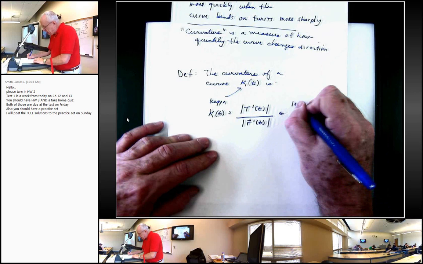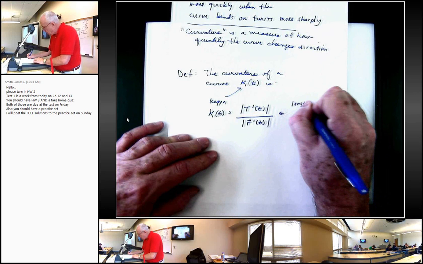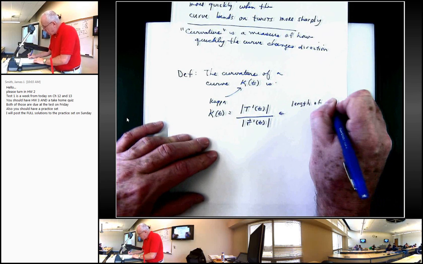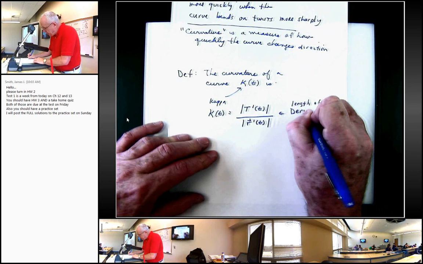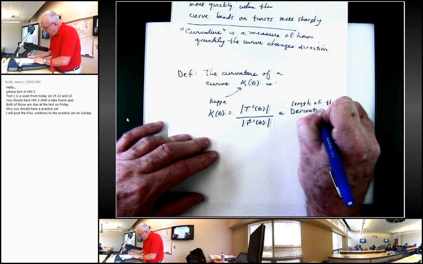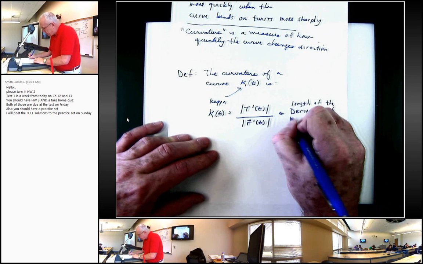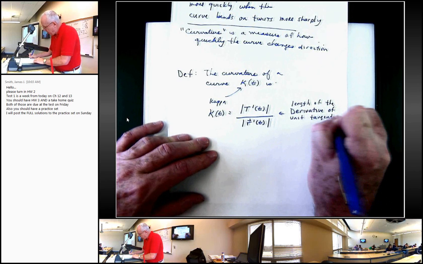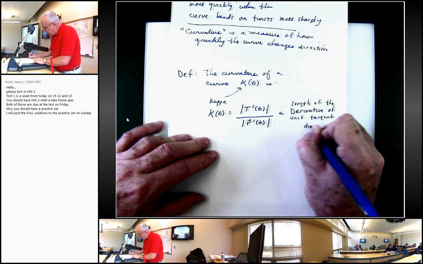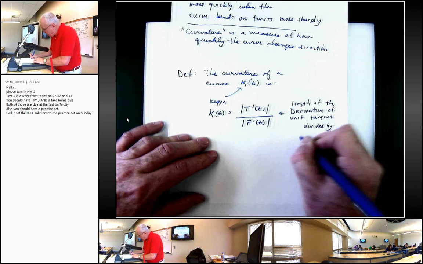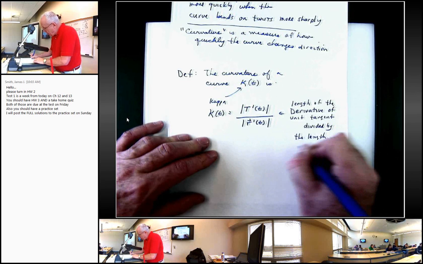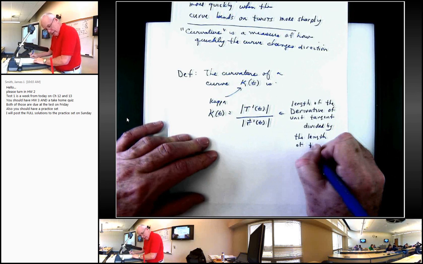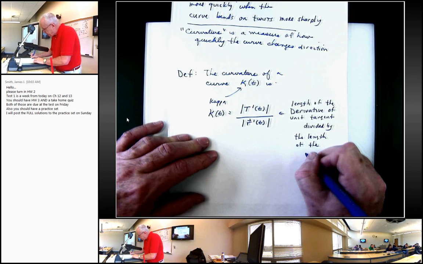It's the length of the derivative of the unit tangent divided by the length of the tangent vector.